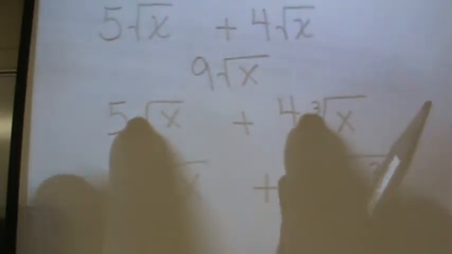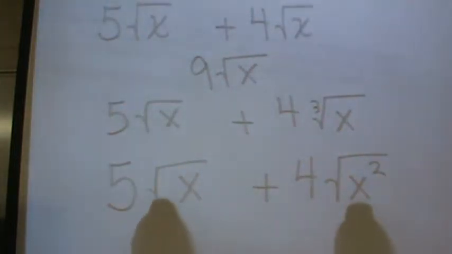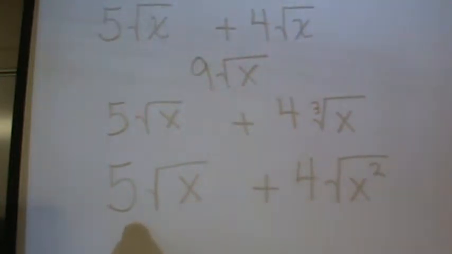If the radicands, what's underneath here, are the same, then you can go ahead and combine them. Otherwise you can't. So you have just created the rule. To be like radicals, their indexes must be the same and their radicands must also be the same.